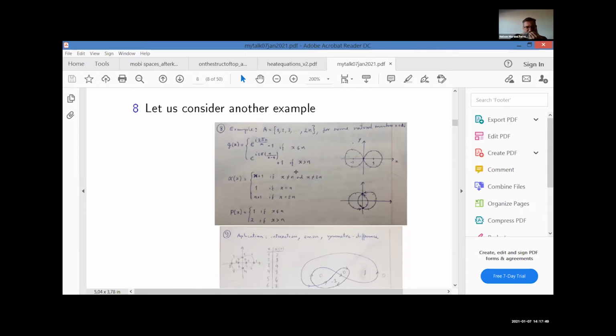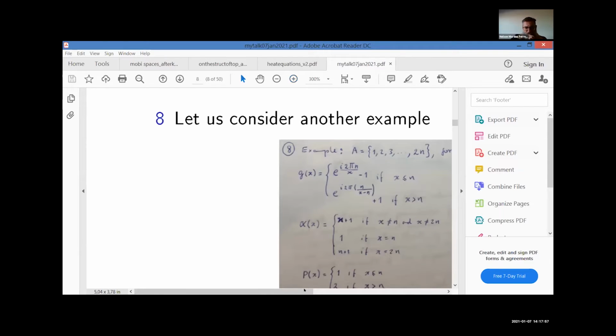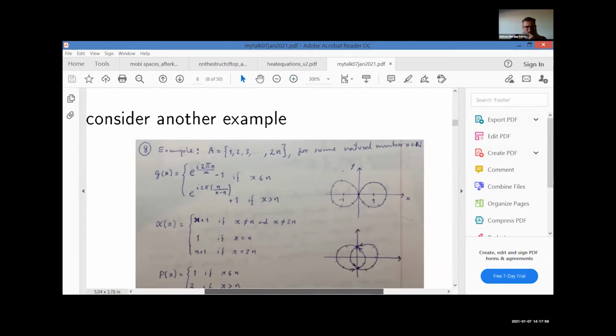All right, let us see a not so simple but still easy to handle example. Suppose we want to define these two curves, these two circumferences on the complex plane.